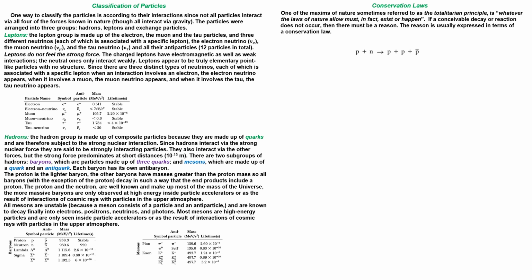To understand why this and other reactions do not occur, physicists have created new conservation laws. Three quantities are always conserved in any interaction. These are charge, momentum, and mass-energy equivalence.